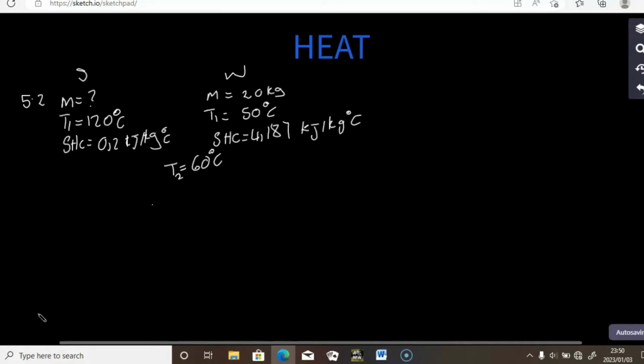We know heat energy lost by the silver is equal to heat energy gained by the water, because you can see that silver had a higher temperature compared to water at the start of the process. So we are going to say Q lost by silver is equal to Q gained by water.